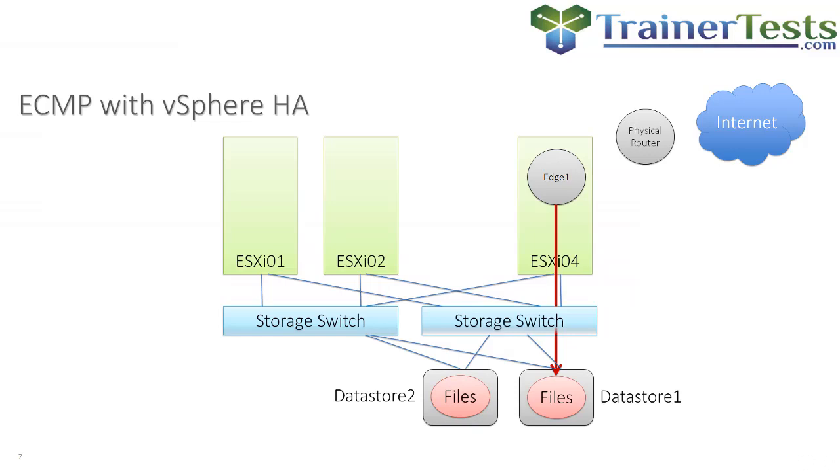So this means that vSphere high availability can bring up that failed edge on another host. Right? That edge can come up just like any other virtual machine could. The edge can now reestablish those neighbor relationships, and we can begin equal cost multipathing again.